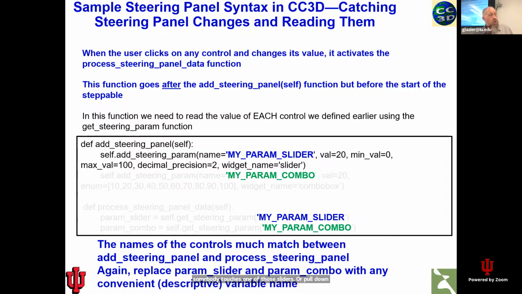And you have to match: if you called the variable my parameter slider in the definition, then when you're doing the update, you have to reference it exactly as you named it there. So those two things have to match, just the way they do for a dictionary key, or when you're creating a plot window.